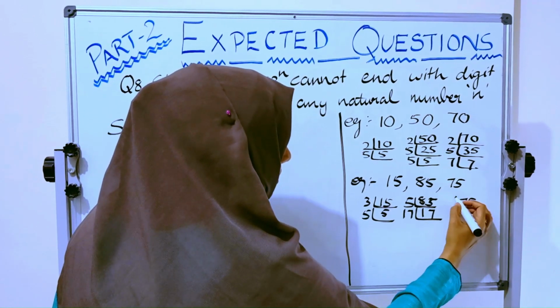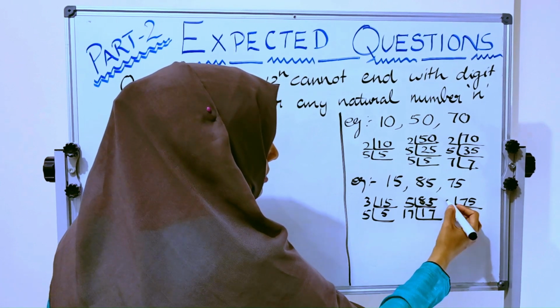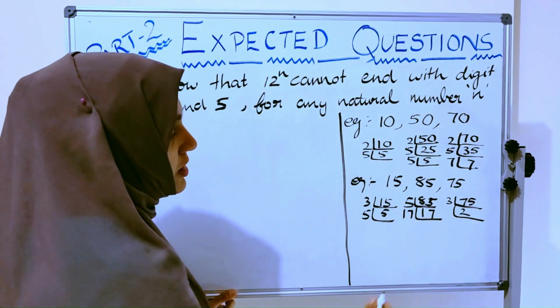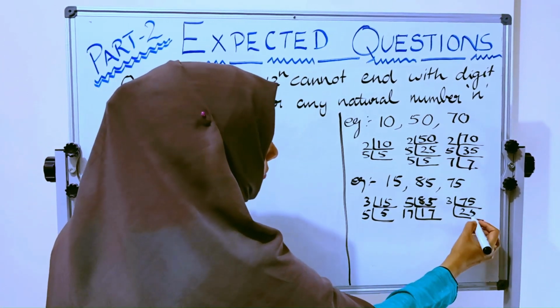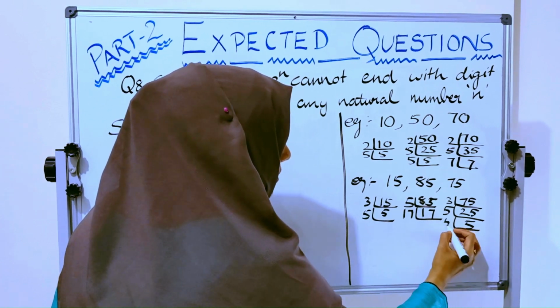Next 75: 3 goes into 75 25 times, and 25 is 5 into 5.